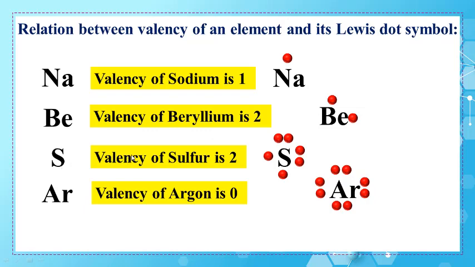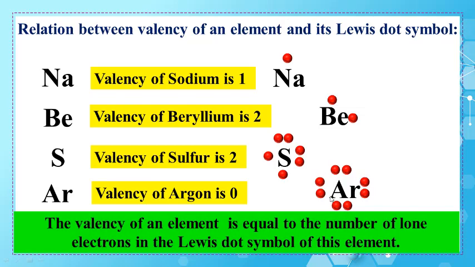For sulfur having valency 2, the number of single or lone electrons in the Lewis dot symbol is also 2. For argon having valency 0, we notice in its Lewis dot symbol we don't have any single or lone electron, so the number of single or lone electrons is 0. So we can say that the valency of an element is equal to the number of lone electrons in the Lewis dot symbol of this element.